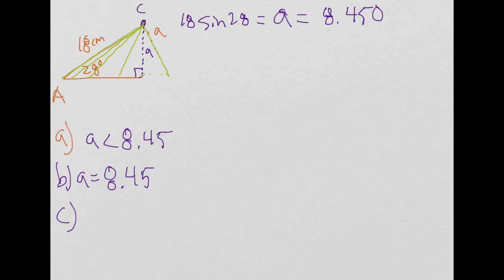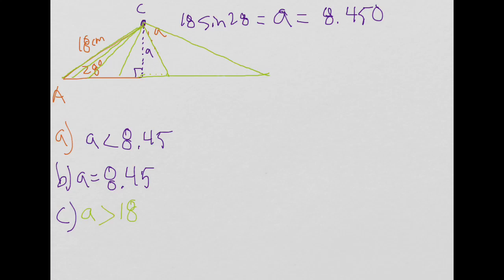If that line is greater than 18 centimeters, and remember, we still need that 28-degree angle there, so we can't flip our triangle, then we're not going to have that second triangle. But we could go as big as we want in this direction, because this line can always extend out. So as long as A is greater than 18, there will only be one possible obtuse triangle.